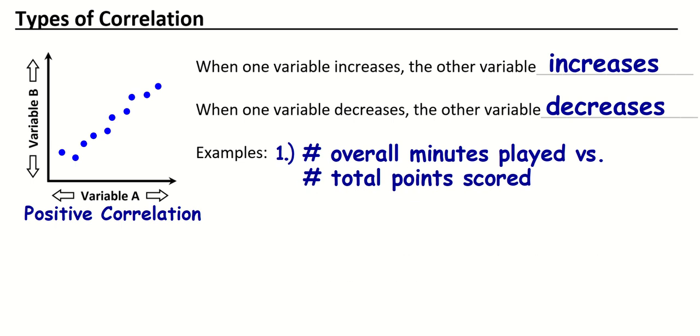So if we plotted that, every dot would represent a different player in a particular game, or maybe each point would represent a different game. Maybe the whole scatter plot would be for the same person, and each point would represent a specific game in a season or in their life.